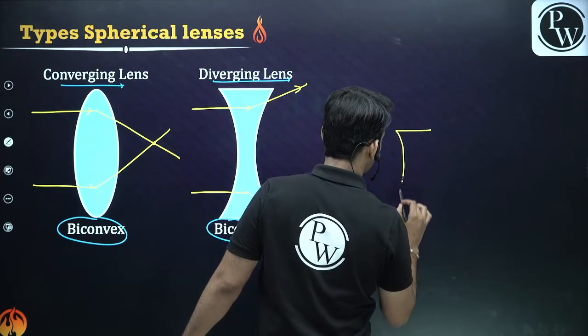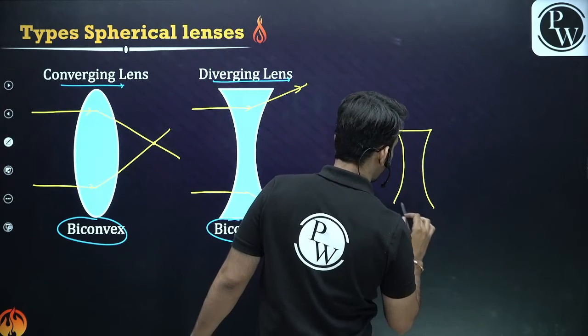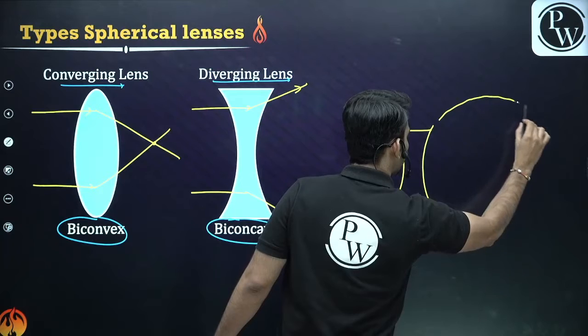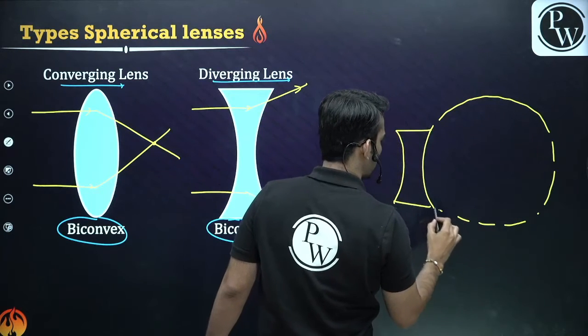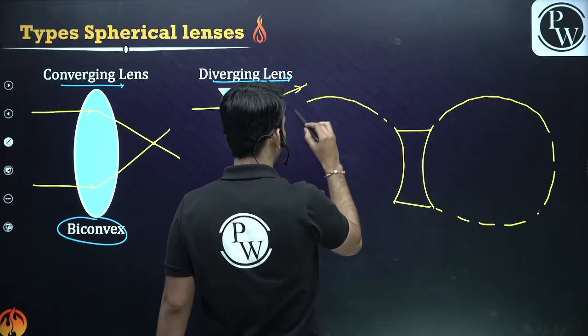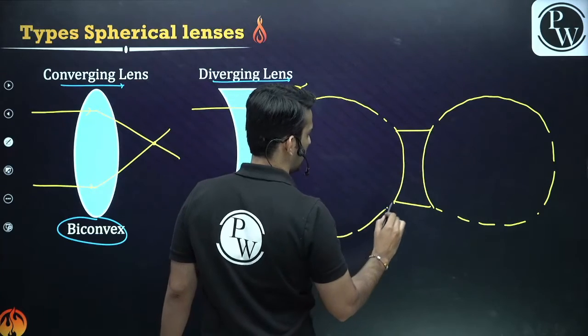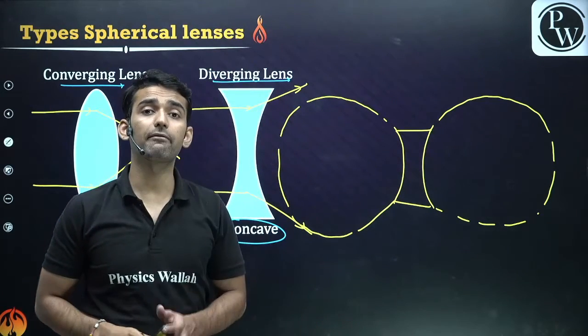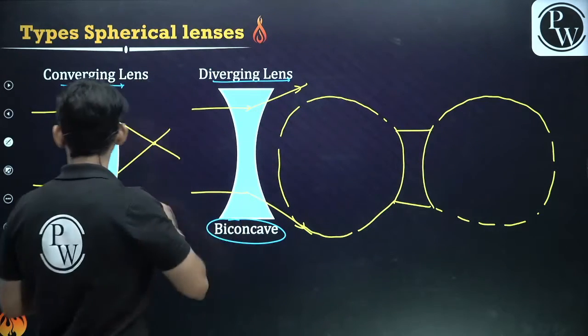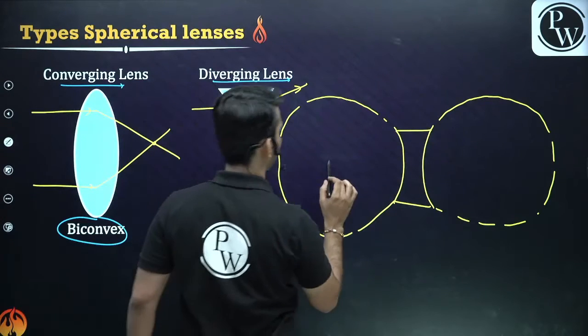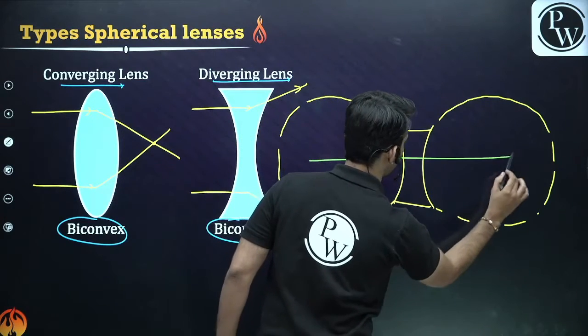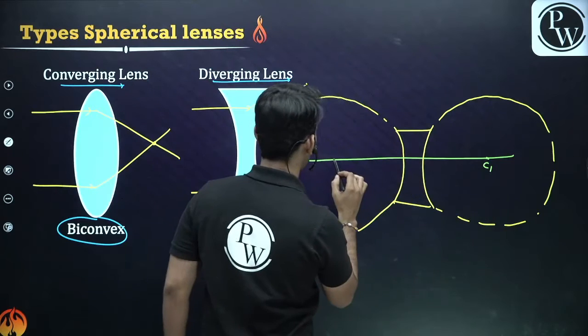If I draw any lens, this surface will be a part of a sphere, and this surface also will form a part of a sphere. That means a lens will be having two centers of curvature. Can you recall it? C1 and C2.